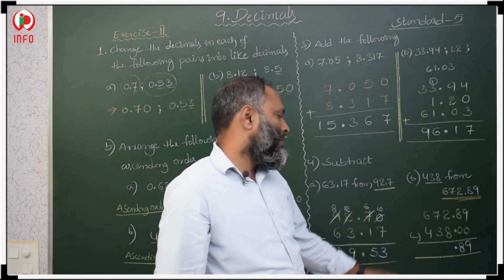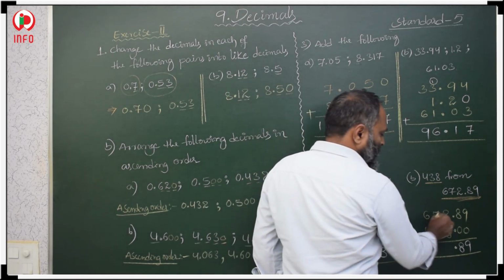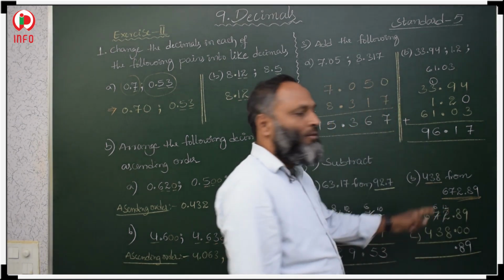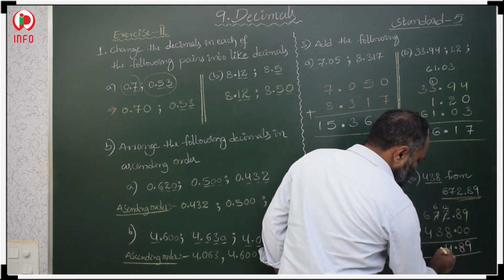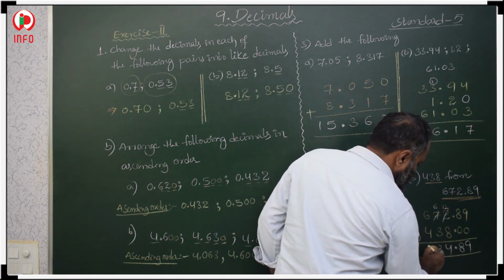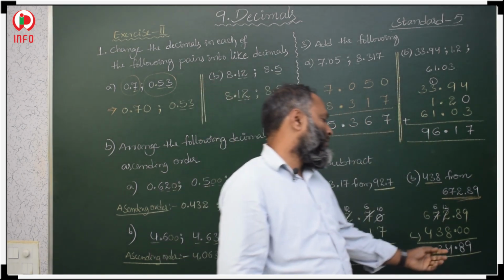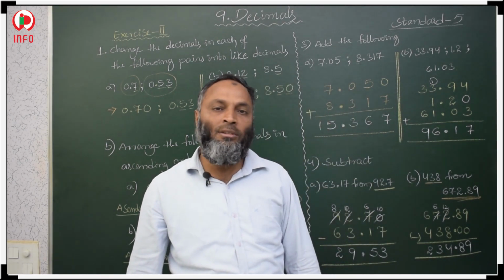And after that, 2 minus 8 we cannot do, so borrow from here. It will decrease by 1, here you will increase by 10. 10 plus 2, 12. 12 minus 8 is 4. 6 minus 3, 3. 6 minus 4, 2. It is 234.89. So this is the difference. Okay.